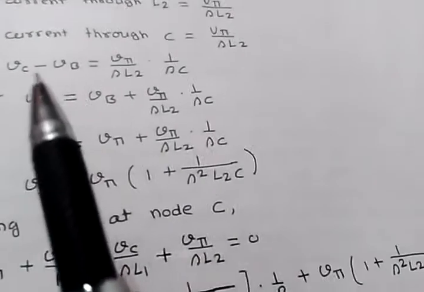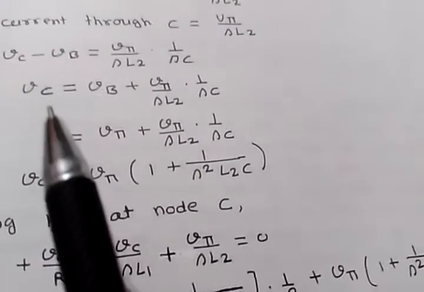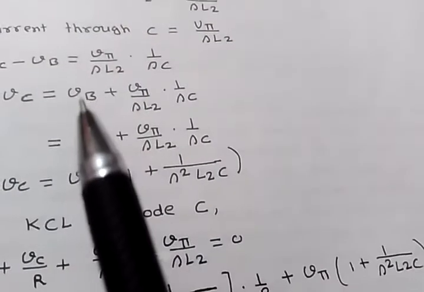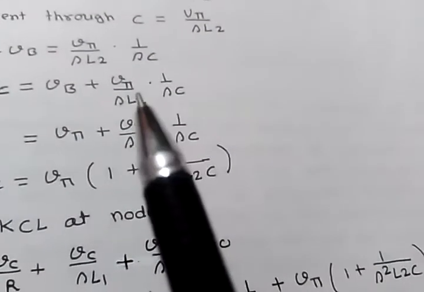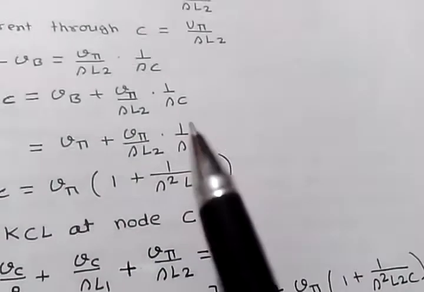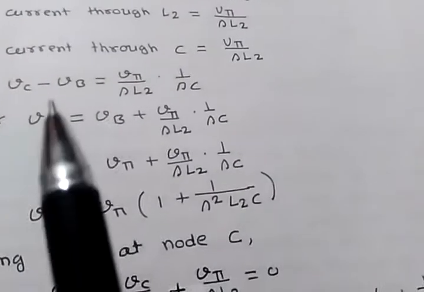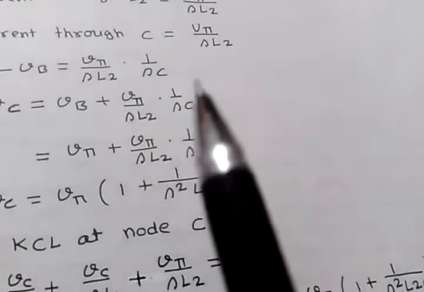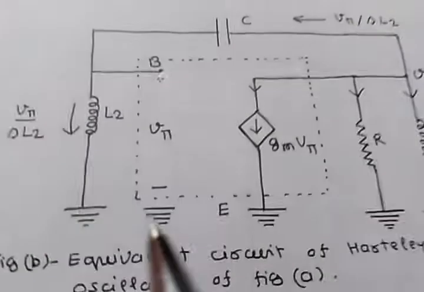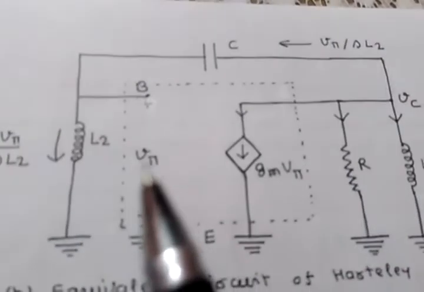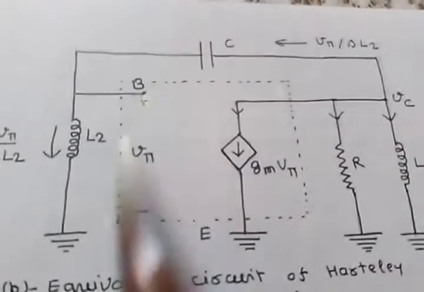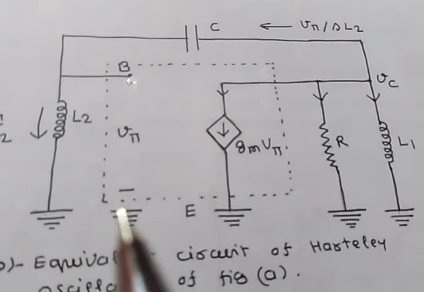So the voltage across the capacitor, VC minus VB, we can write as VC equals VB plus V pi upon SL2 into 1 upon SC. We also know, please see here, V pi is the voltage across base and emitter, and the emitter is at ground potential.